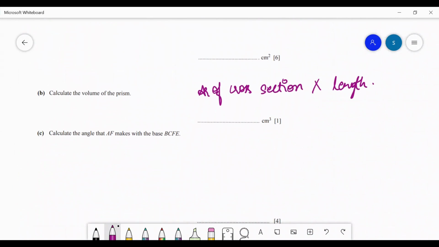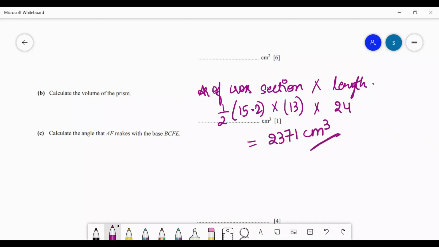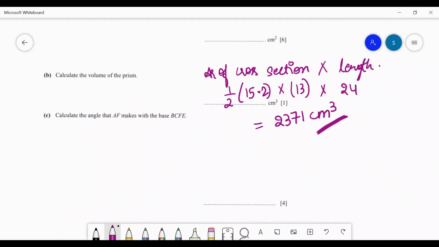So let's just do that. We get half into base is 15.2 for the triangle and height is 13, and we're going to multiply it with the length, which is 24, and we get 2371 centimeter cube as the volume. That is the volume of this prism.